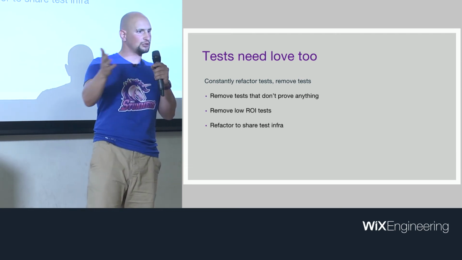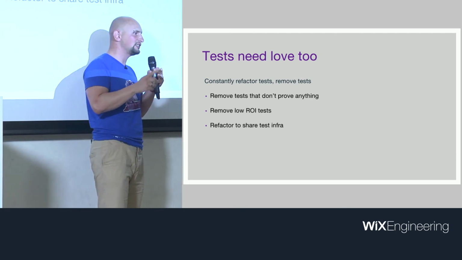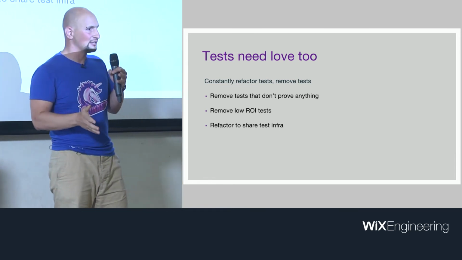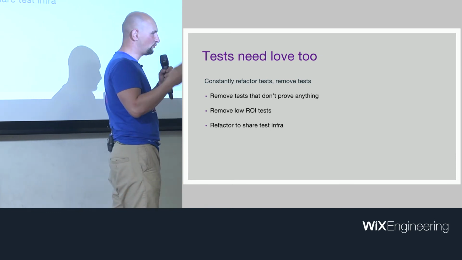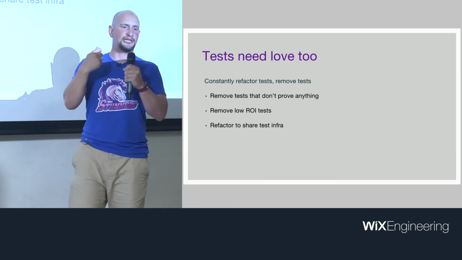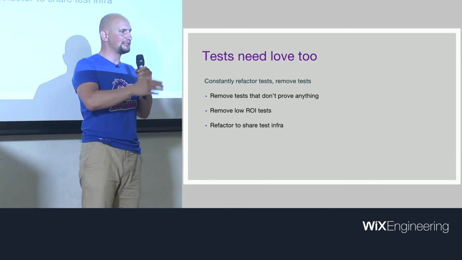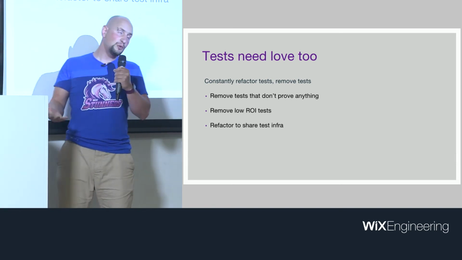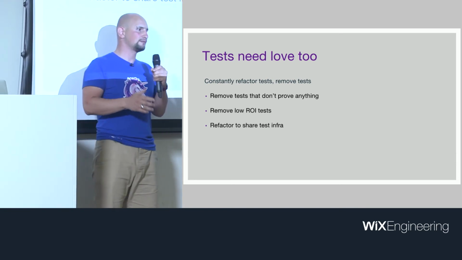Usually it's a hello world test. It proves that the web server is up, that the database is up, and all of that. But once you wrote your first feature test, you are already proving that. So you can basically delete that first test. And this is the way we work. We constantly remove tests that we don't need.